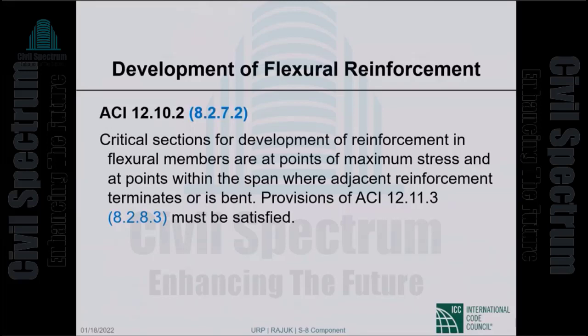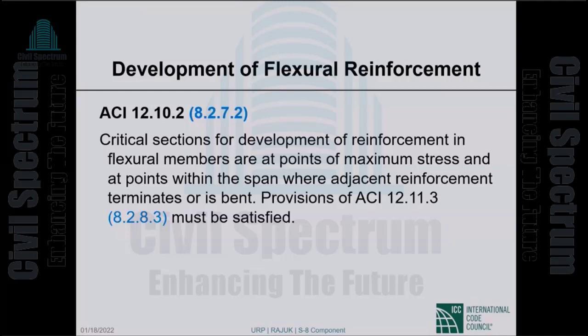Okay, critical section for development of reinforcement in flexural members. This is not unimportant. The critical sections for development of reinforcement in flexural members are at points of maximum stress, as you would imagine, and at points within the span where adjacent reinforcement terminates or is bent, where you cut off a bar or bend a bar up.